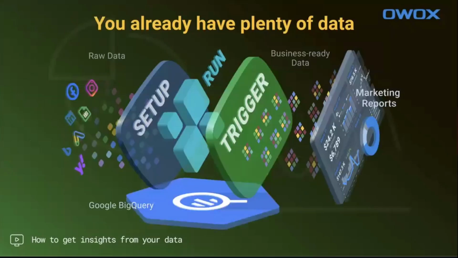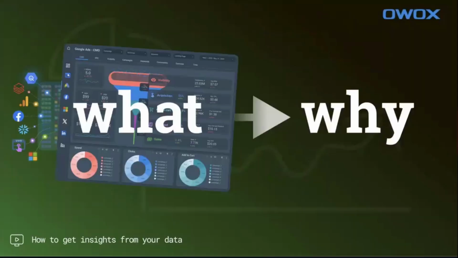But here's the truth: most marketers already have plenty of data, probably too much of it, and dashboards. They're great at only one thing: showing you what happens. They almost never show you why it happened and what you should do next, today, tomorrow, this week.